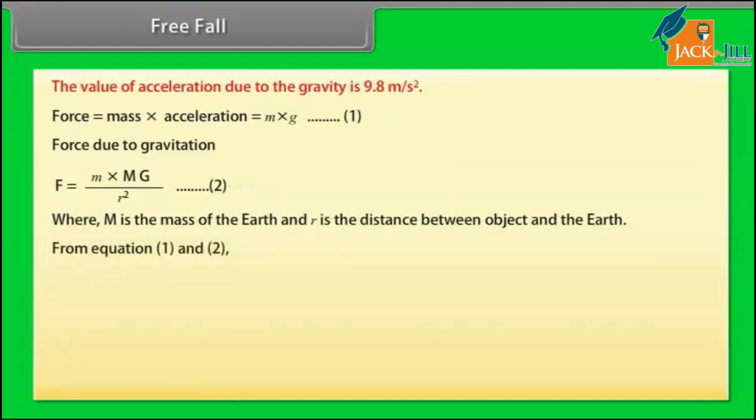From equations 1 and 2, m into g is equal to m into G M upon r squared. So g is equal to G M upon r squared. The value of g is 9.8 meter per second squared.